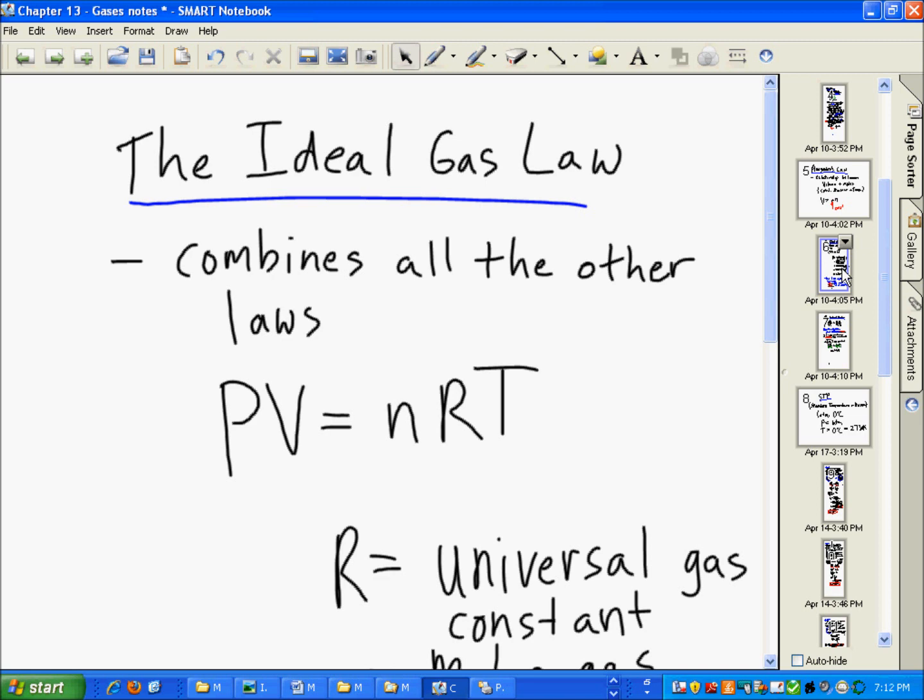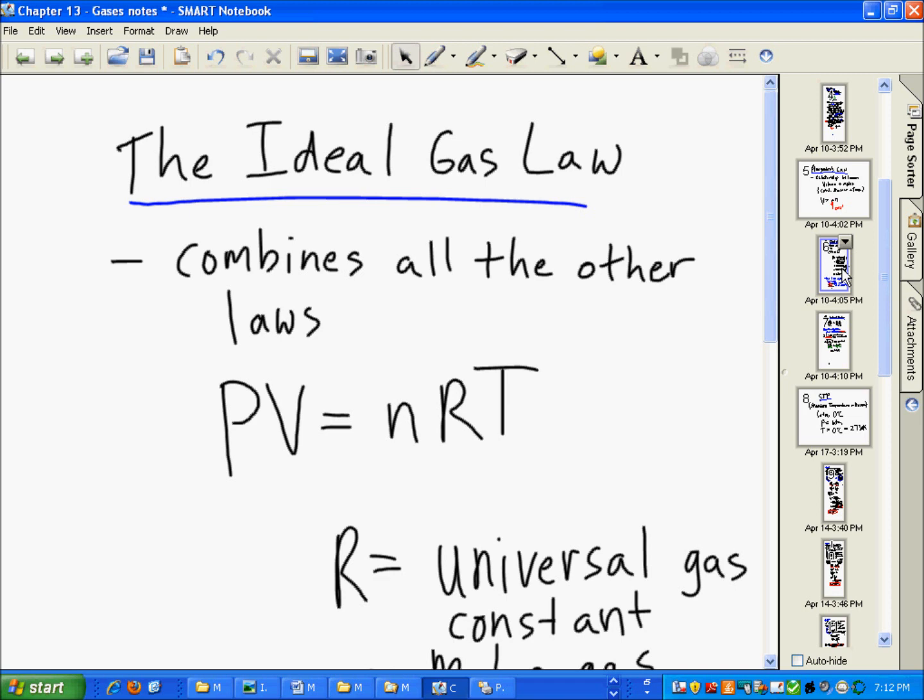And scientists have been trying to fine-tune the ideal gas law to make it more accurate. What happens is they often end up adding terms to the ideal gas law, and they keep adding these correction terms to correct for things like volume of the particles and the stickiness of the particles.